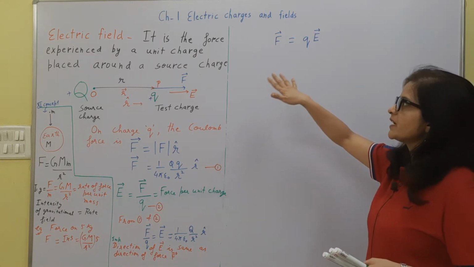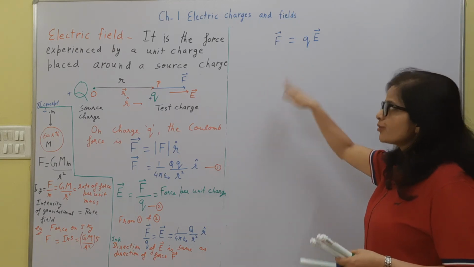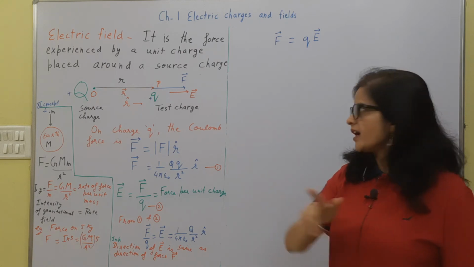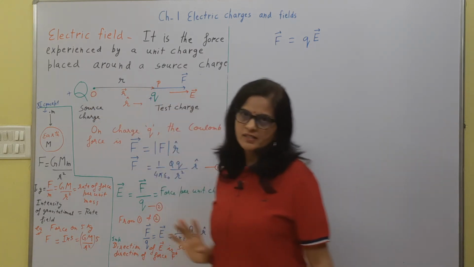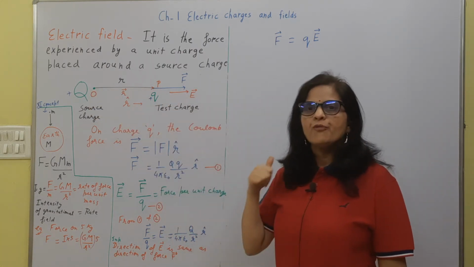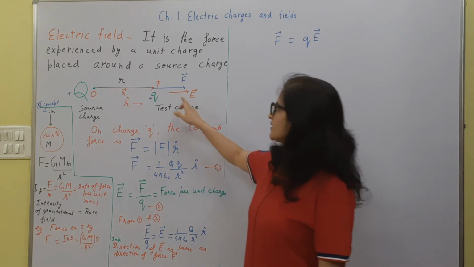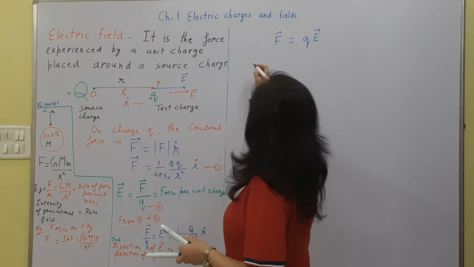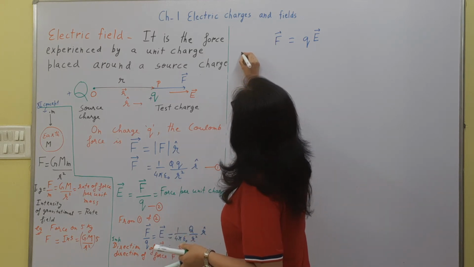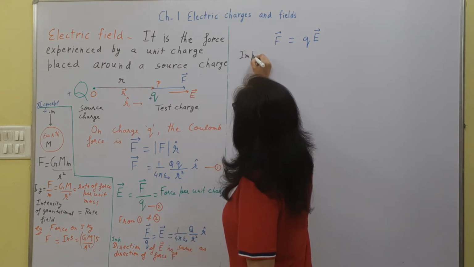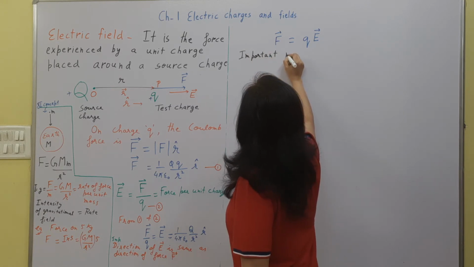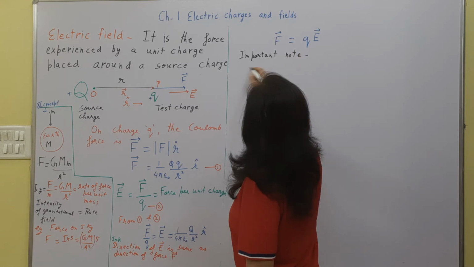This is the technical definition. It is the force experienced by a unit charge placed around a source charge. So we want that our source charge must remain undisturbed. For this, one condition is applied, that our test charge must be very small. So we are writing some important points. Important note.